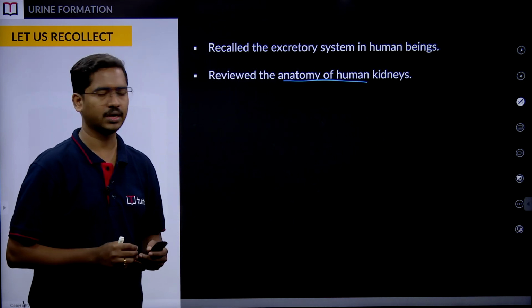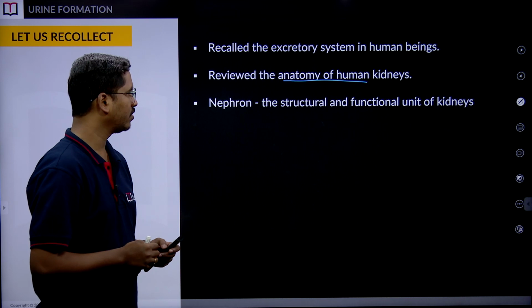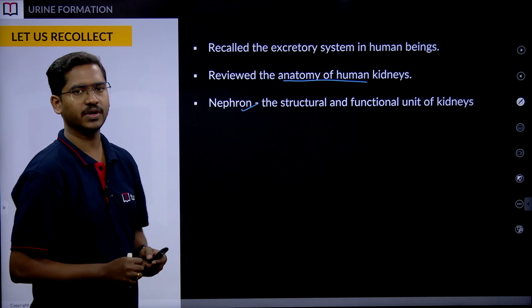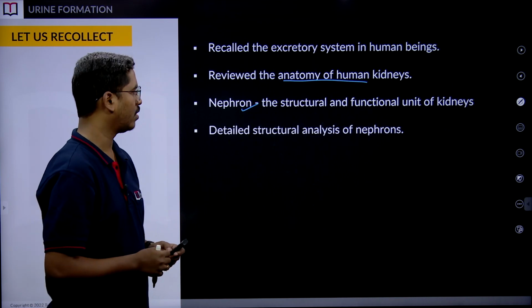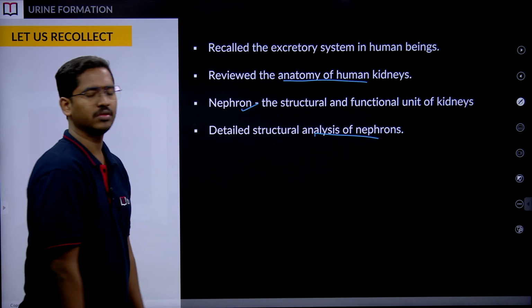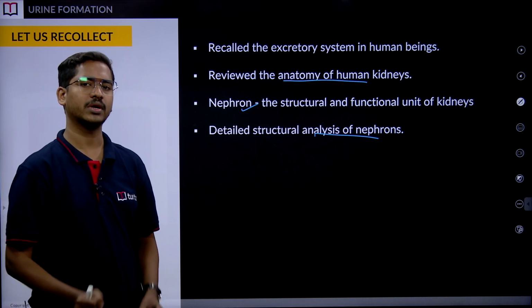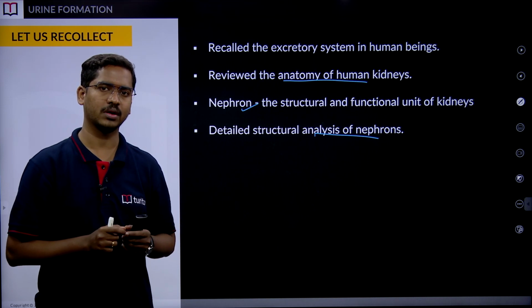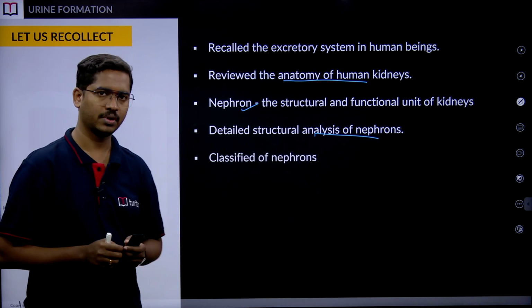Following which we looked at the nephron, the structural and functional unit of kidneys, with a detailed structural analysis. We tried to understand each and every part of the nephron, how it is formed and its functioning.